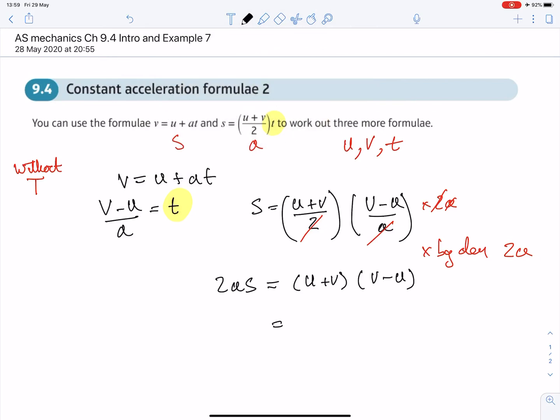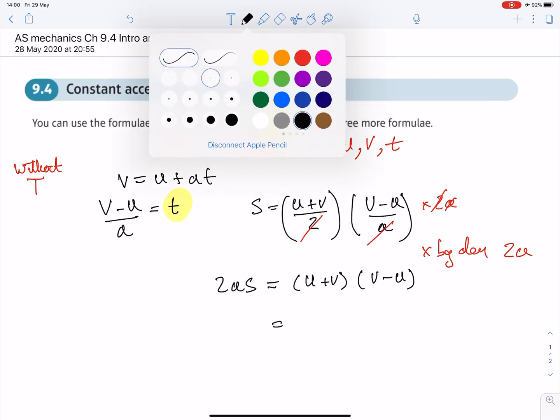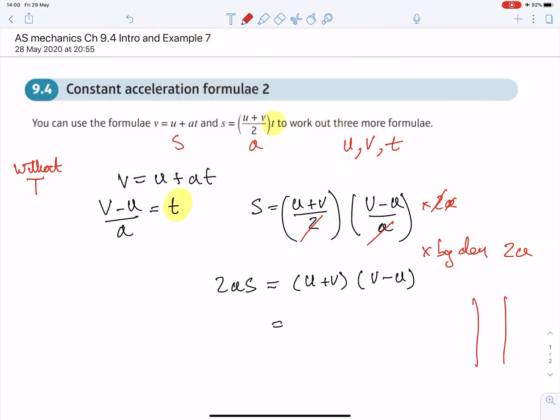If we expand the bracket, you can use the grid if you need to. u plus v, v minus u, we get uv plus v squared minus u squared minus uv.